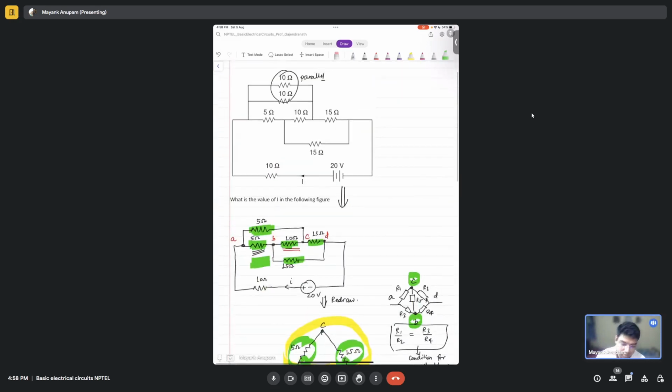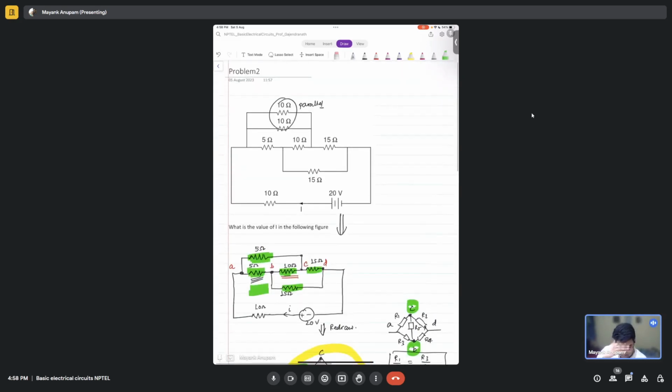So what I was trying to motivate you with this question was that sometimes a network may be drawn in a very weird fashion, and it might not make any sense to you. You may feel that you need to solve it using conventional KCL and KVL.